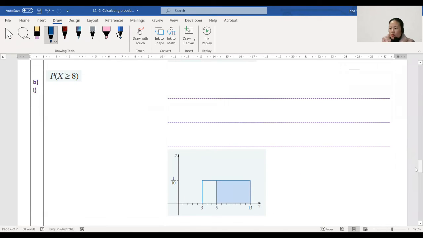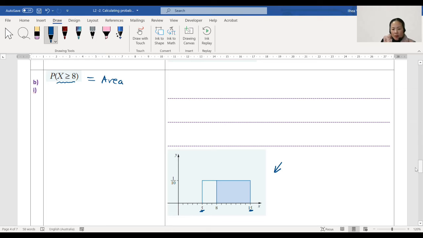Next, find the probability when x is bigger than or equal to 8. That means we just have to find the area. From the previous part we have 5 to 15, but there's a new condition: x is bigger than or equal to 8.